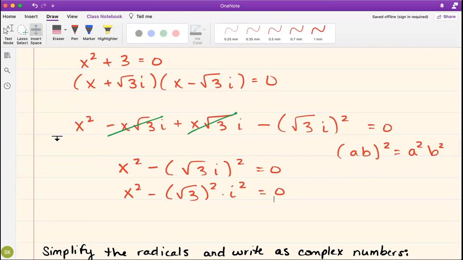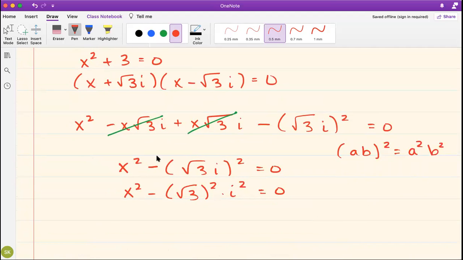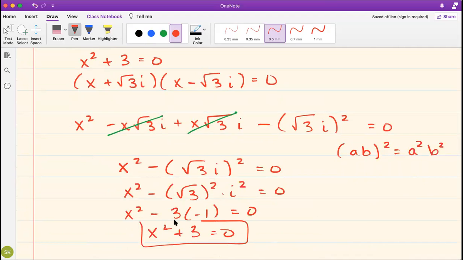And then from there, you can see that you get x squared minus, square root of 3 squared is 3, and i squared is negative 1. So we get x squared plus 3. And so it did factor, like I said right here, into x plus square root 3i and x minus square root 3i.